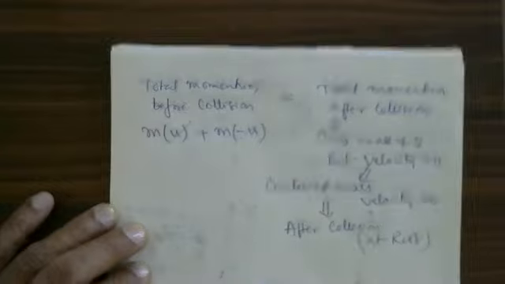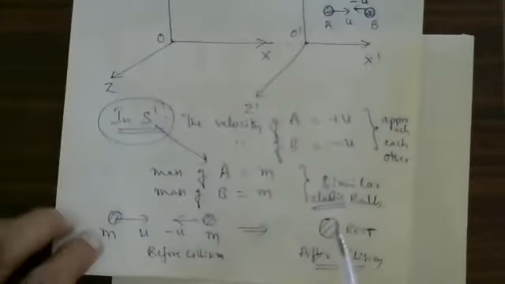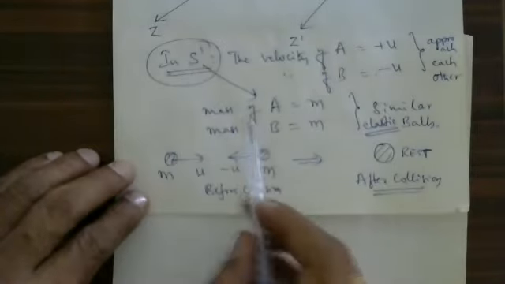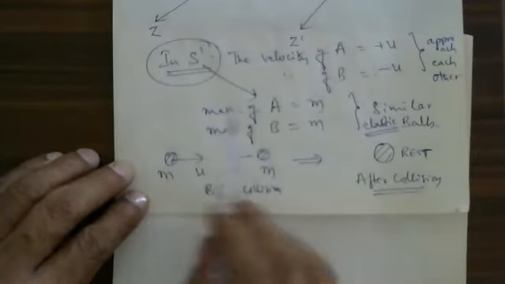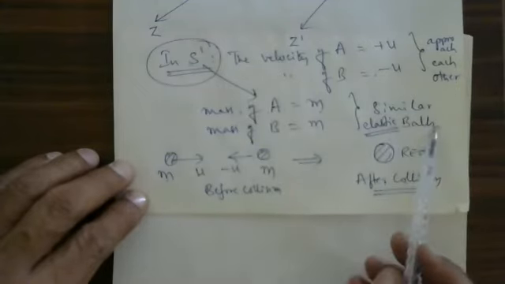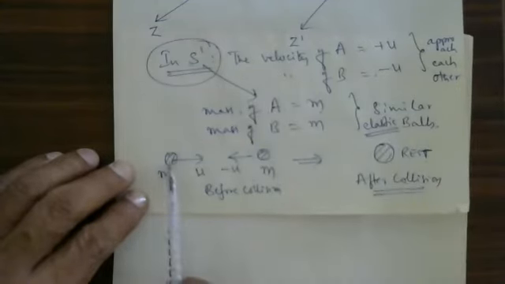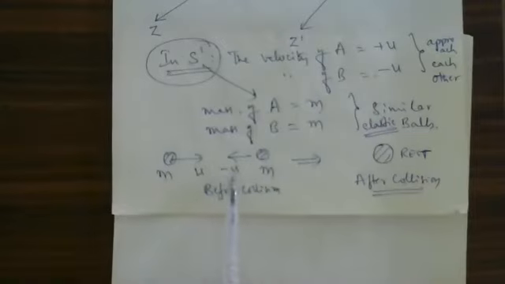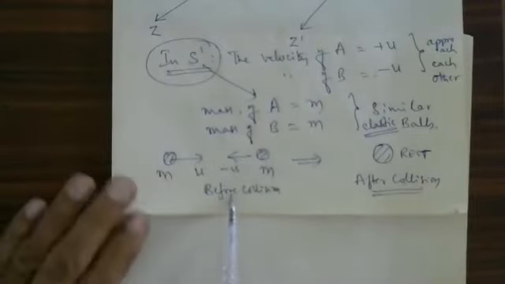This idea I already wrote here. In the frame S dash, the mass of A is M, the mass of B is M. Both are elastic bodies. The body A is moving like this with a velocity u. The body B is moving in the opposite direction with a velocity minus u before collision.